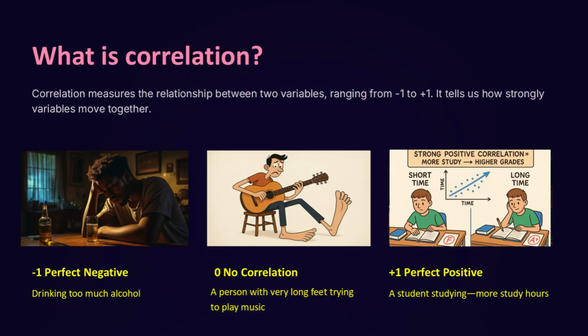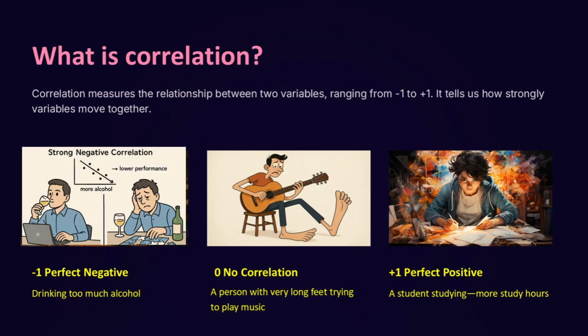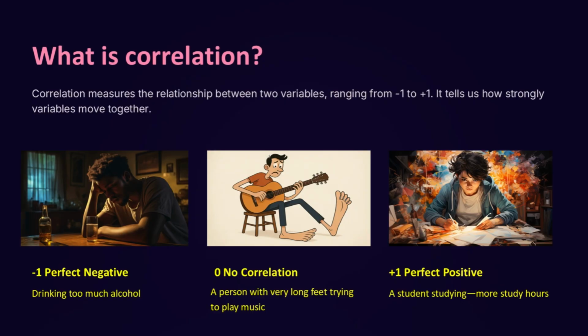The more time the student spends studying, the higher the grades. This is like a strong positive correlation. Second, drinking too much alcohol. As alcohol consumption increases, concentration and performance decrease. This is like a strong negative correlation. Third, a person with very long feet trying to make music. Foot size has no connection to musical talent. This is like zero correlation, where the two things are unrelated.